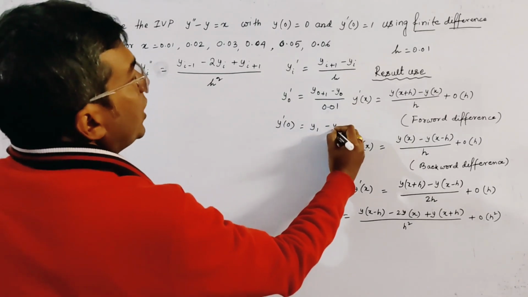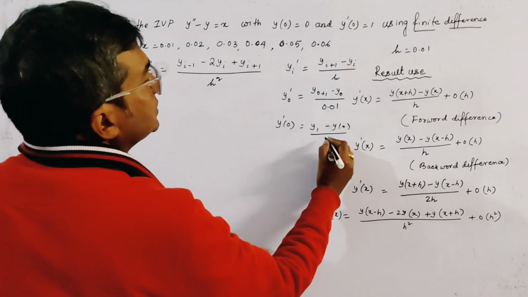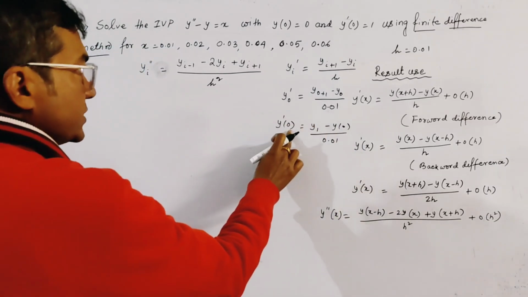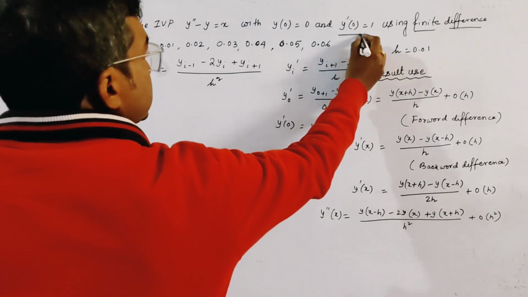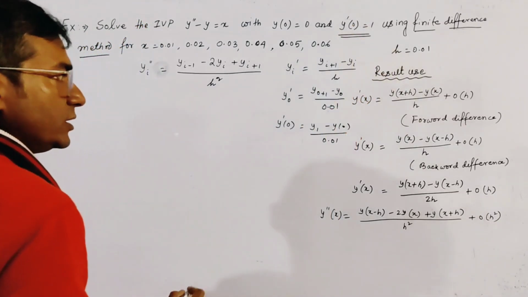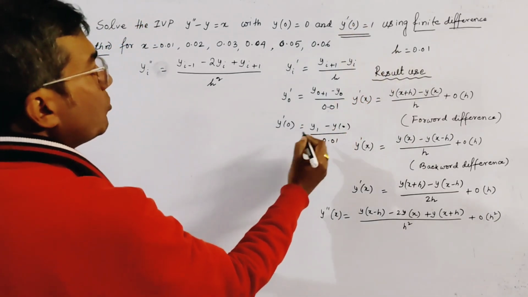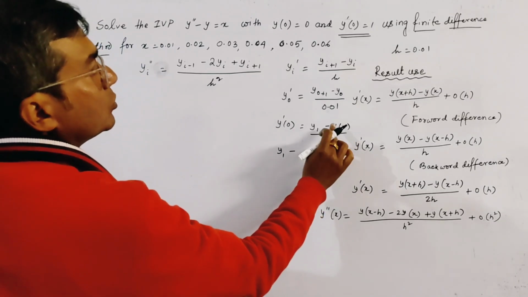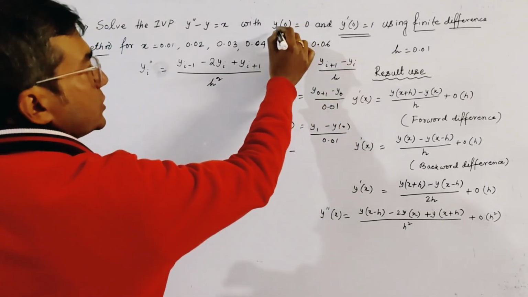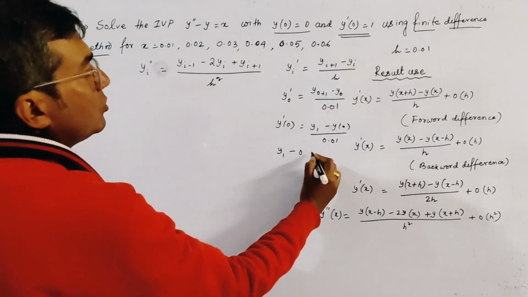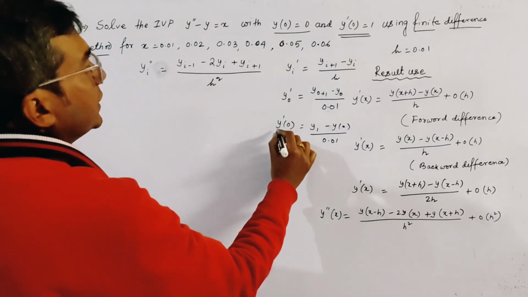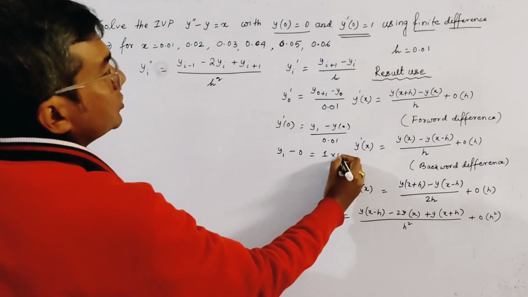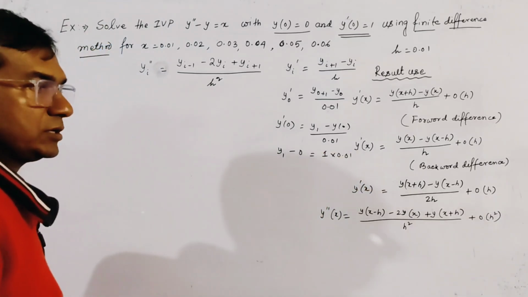So we write here 0.01, and this is given by y dash 0 equal to y1 minus y of 0, by 0.01. And y dash 0 means 1, it is given, and y of 0 is also given, it is 0.